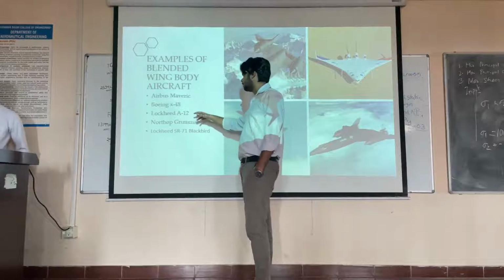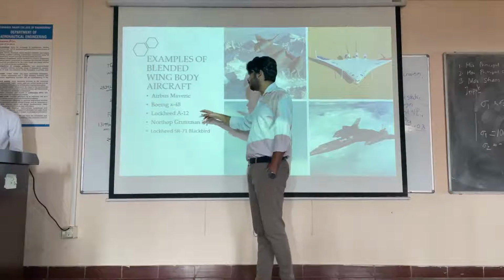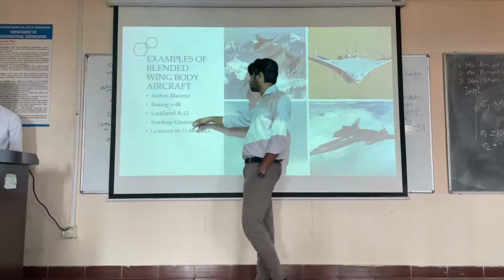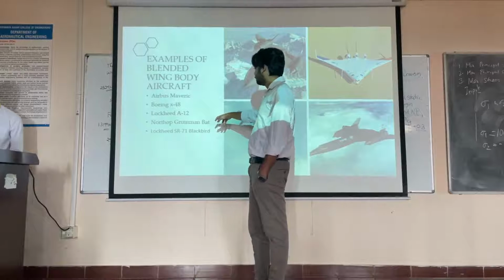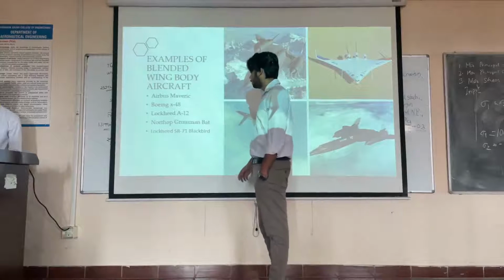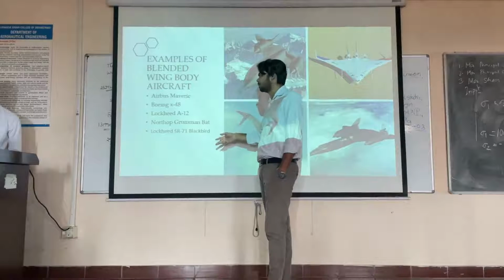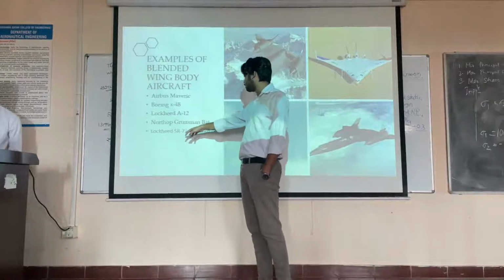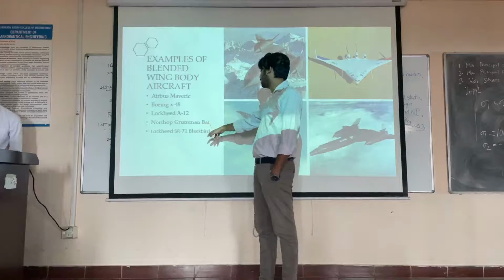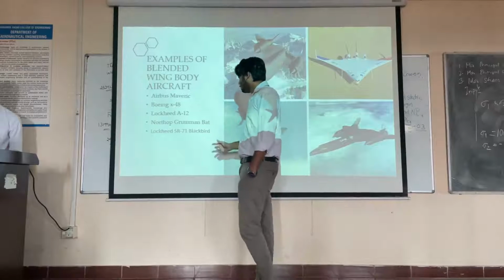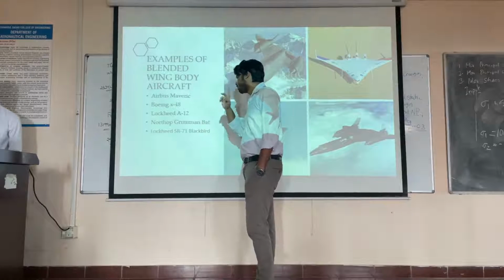These are especially built for the US Army, and now they are using it. Then the Northrop Grumman, also used by the American Army, especially for the CIA. And the last one is the Lockheed SR-71 Blackbird.